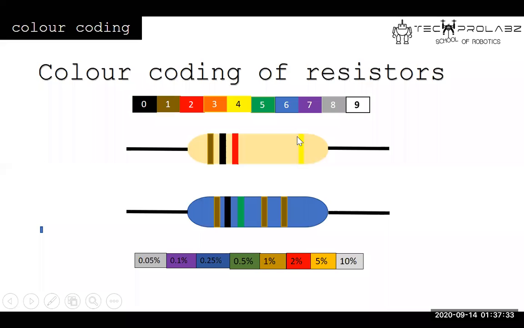What does tolerance band mean? It is its accuracy, how many percent its accuracy will change. So yellow color means it will be plus minus 5%. What is the meaning of this?